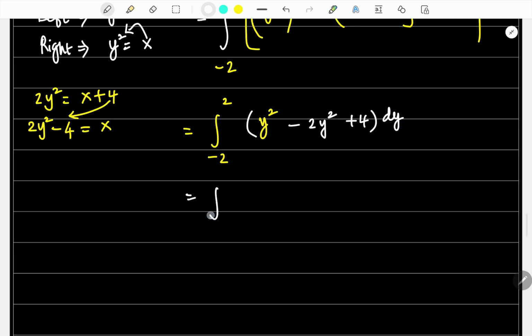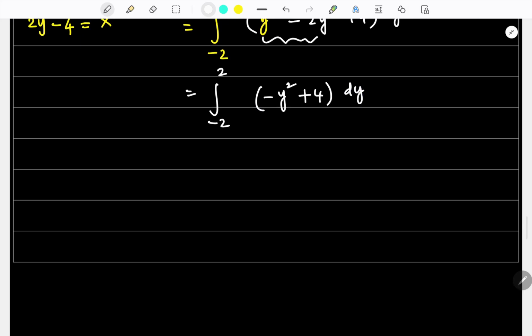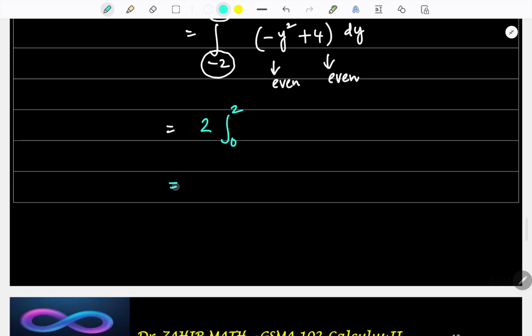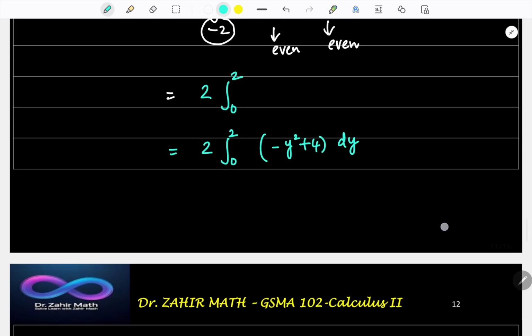So this equals the integral from minus 2 to 2 of y square minus 2y square, which is minus y square plus 4, dy. This is an even function and the limits are the same number, minus 2 to plus 2, so I can write it as twice the integral from 0 to 2 of minus y square plus 4, dy.